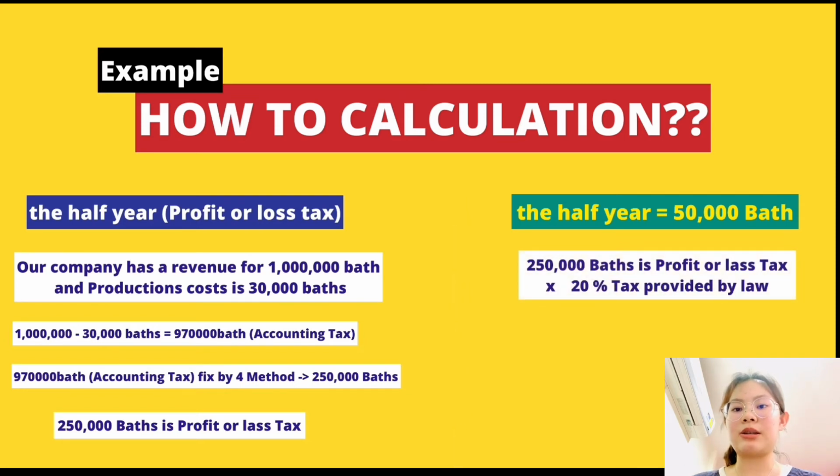So the net taxable profit or loss in the half of the year that we use to calculate the actual net profit is 250,000 times 20% according to the Revenue Code, and we should get the final tax amount for the half of the year of 50,000 baht.